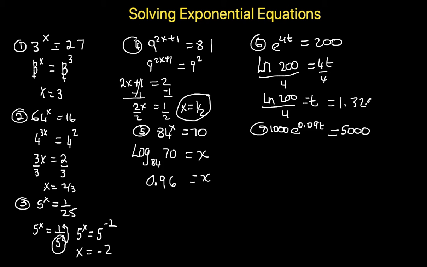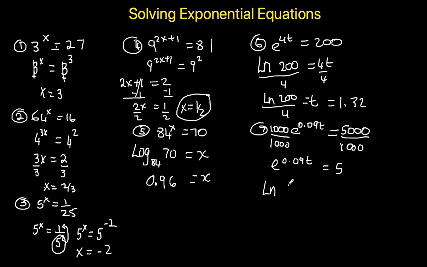Okay, the last one would be number 7. I can't write this in log form if I have this 1,000 here. So divide by 1,000 on both sides. So you get e to the 0.09t equals 5. Now write it in log form. So this is again a natural log.